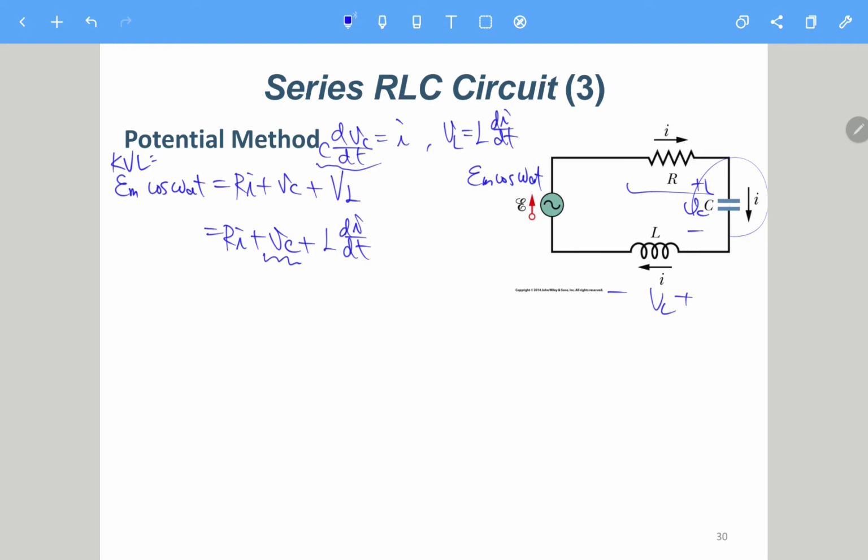Okay, so we would like to construct this one to be this one, so we can take the derivative on both sides.